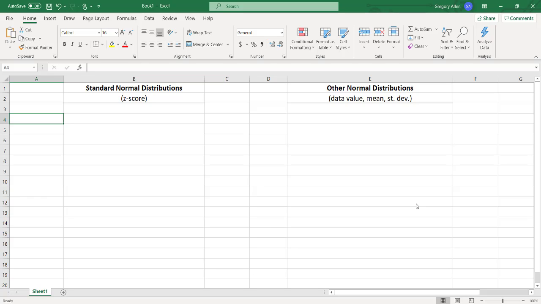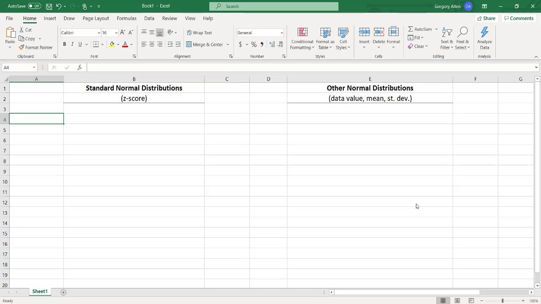Excel has two different sets of functions for dealing with normal distributions. One set assumes that you're working with a standard normal distribution, and the other works for any normal distribution.